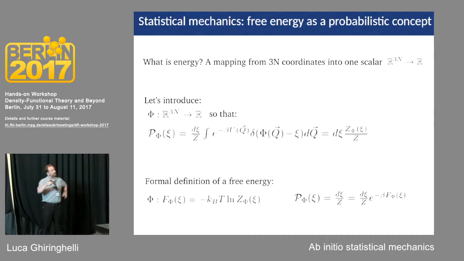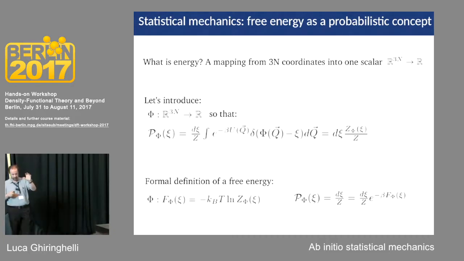So the energy of the system, not the free energy, is a mapping from 3N coordinates to one scalar. Energy has very nice properties. But now, let's define any other mapping from the configuration of the system, so the full 3N vector, into another scalar.